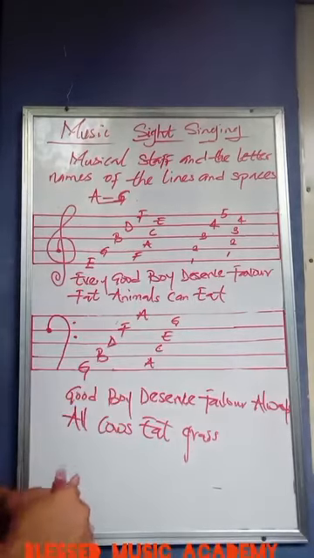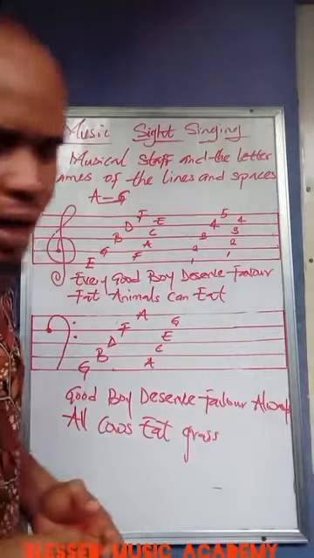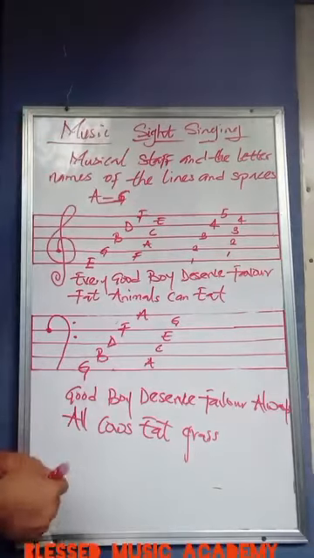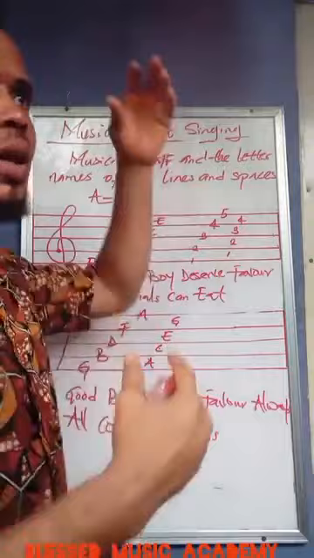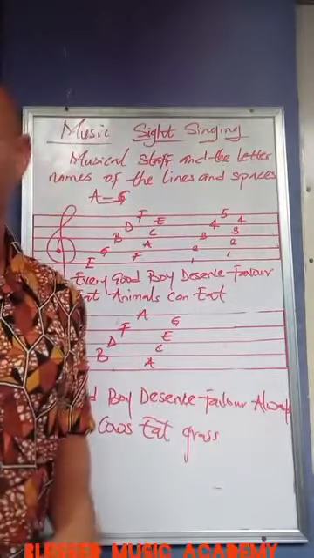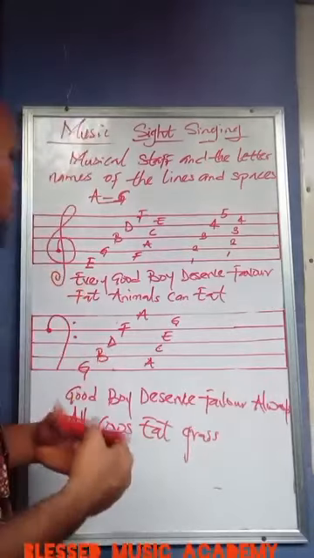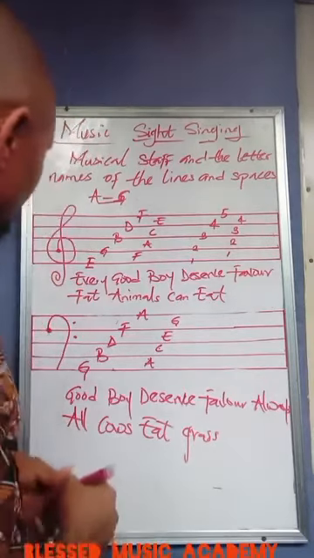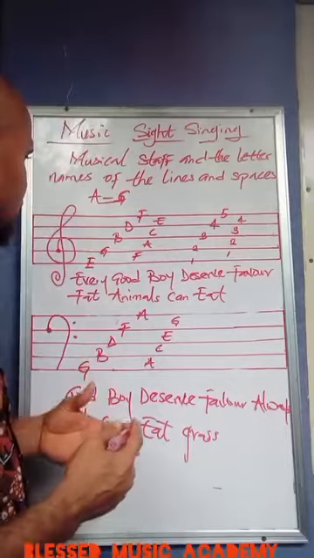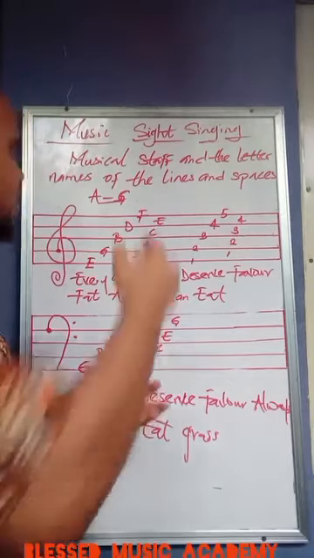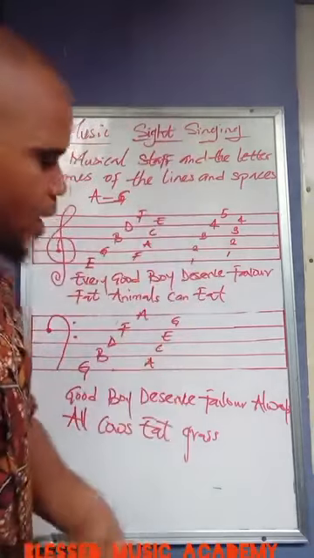And there's what we call ledger line. That is not what we are looking at today. Ledger lines are short lines drawn above or below the staff. It is used when the composer or a music writer is writing a higher note or a lower note.